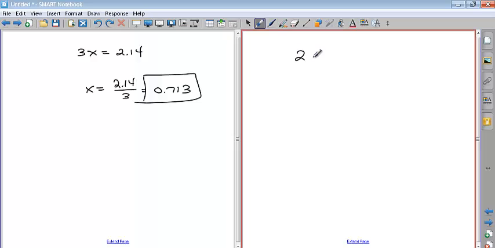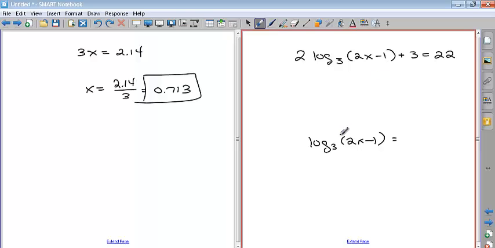Let's say you have 2 times the log base 3 of 2x minus 1, plus 3, is equal to 22. Again, what we want to get to is log base 3 of 2x minus 1. That's the initial goal. Or we may already be at this point.